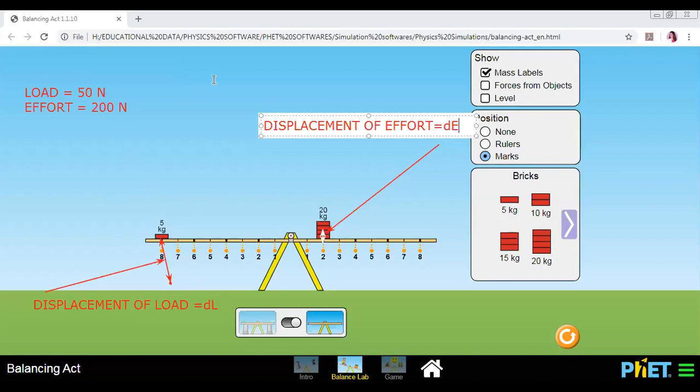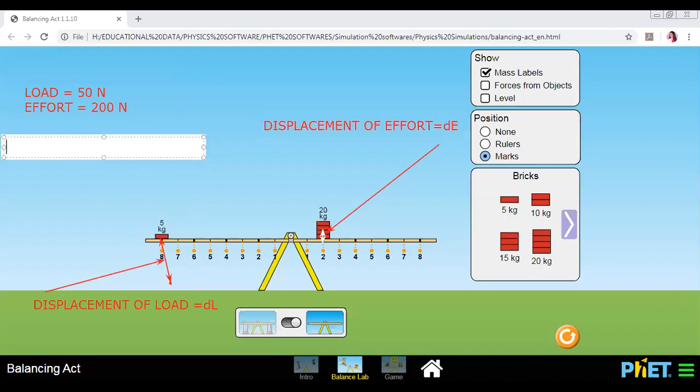Now let's find out the velocity ratio. So we know what is velocity ratio. Velocity ratio is equal to the displacement of effort to the displacement of load. Okay.